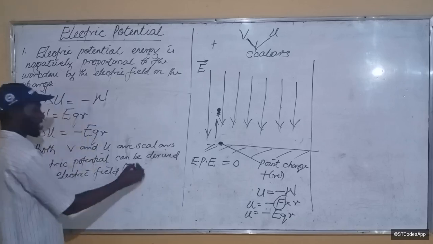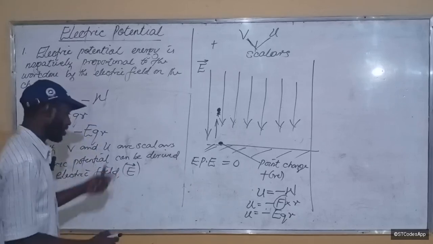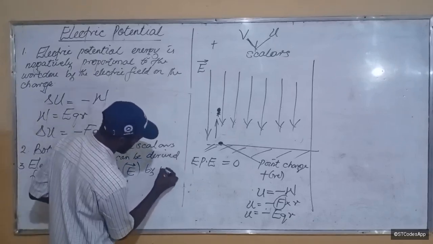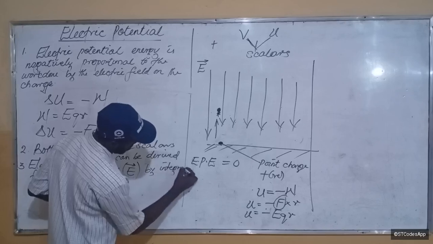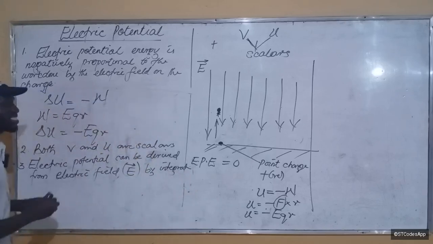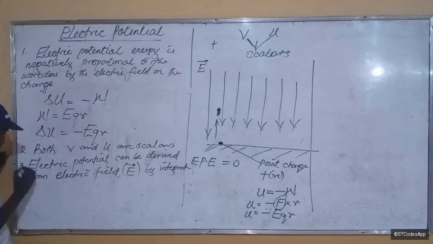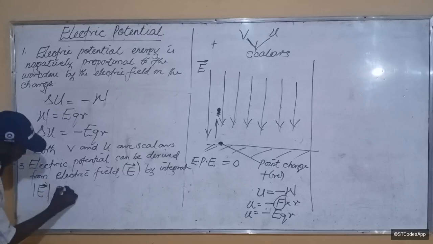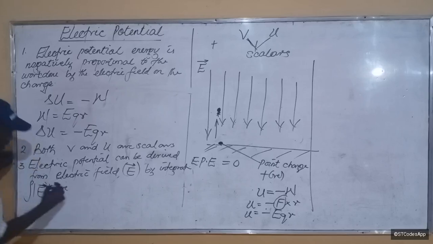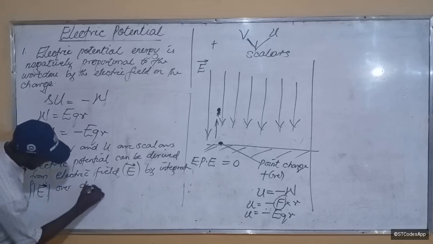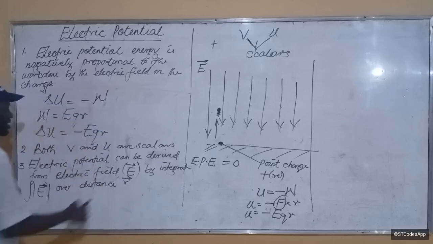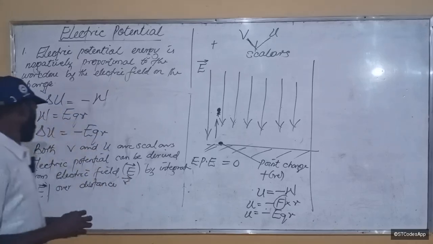Remember, the E field is a vector; electric potential is a scalar. It is derived from the electric field by integration. And what do we integrate? We integrate the magnitude of the electric field over the distance r moved in the field. Is that clear? All right.